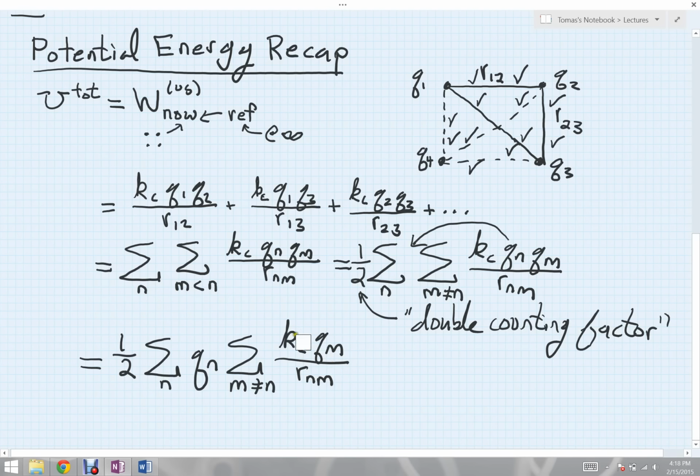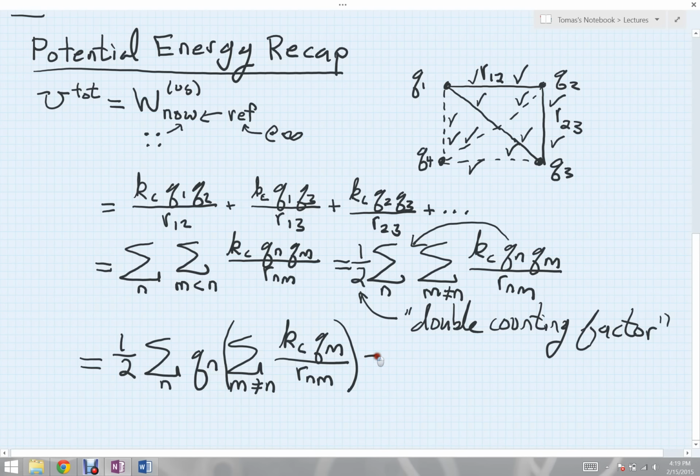Now, this is a very interesting function, right? This looks like a simple sum over all of my point charges and the distance from those point charges to my charge Qn, right? All the distances from n to m. What this really is, is nothing other than the potential at the location of charge Qn.